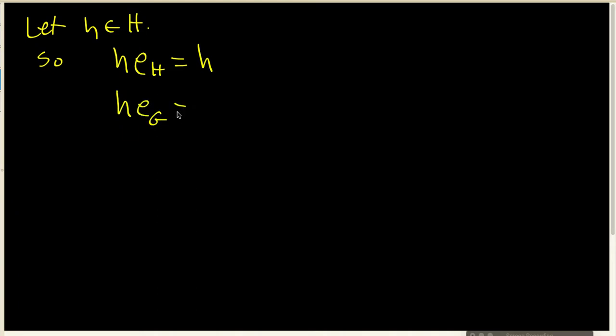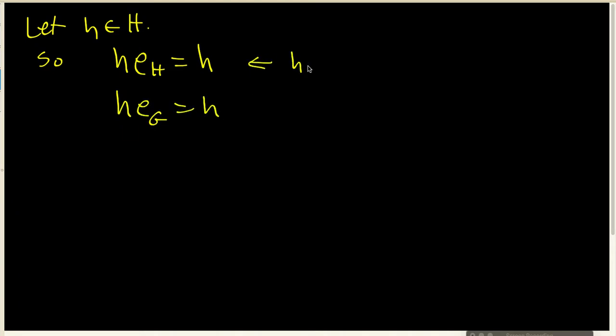So here's what we're going to do. We're going to let little h be anything inside H. So we know that, let's see, I want to do this with my right identities. We know that h times e_H is equal to h, and we know that h times e_G is equal to h.